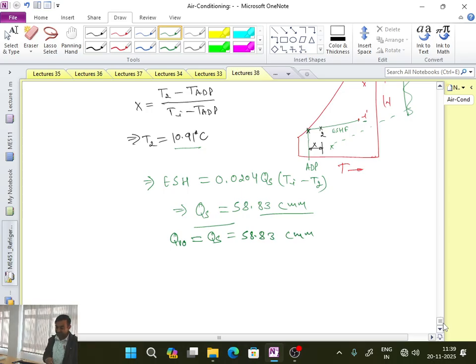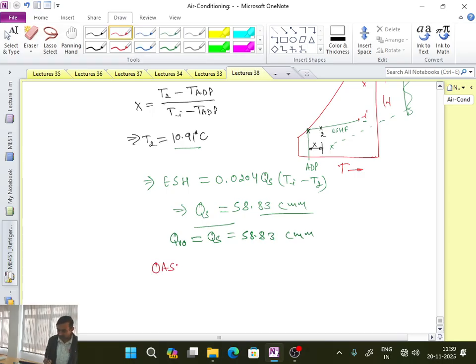So just increasing the flow rate will not serve our purpose, but we also need to test what the temperature of the cooling coil should be corresponding to this increased flow rate. What should be my new ADP? So how can I do this? Now I simply need to repeat the process. How?